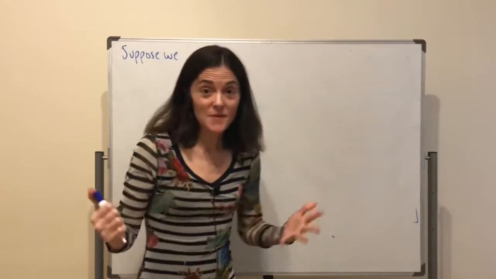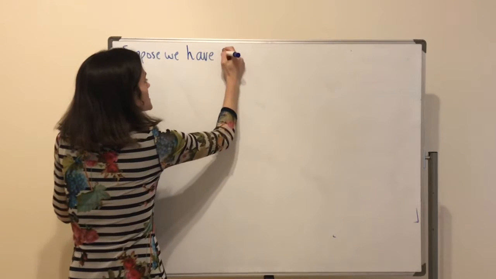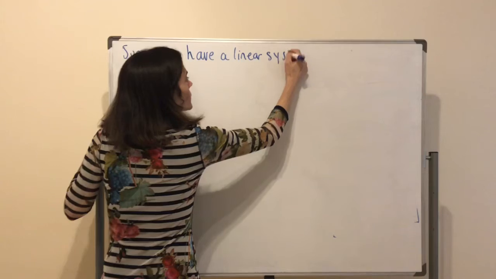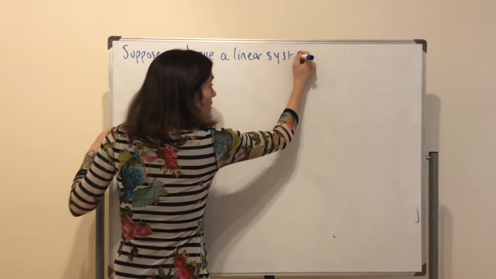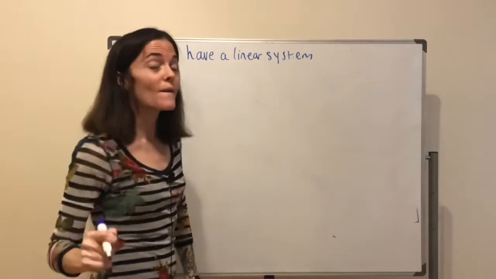Now, let's make a few more observations. Suppose we have a linear system that has an n by m coefficient matrix.